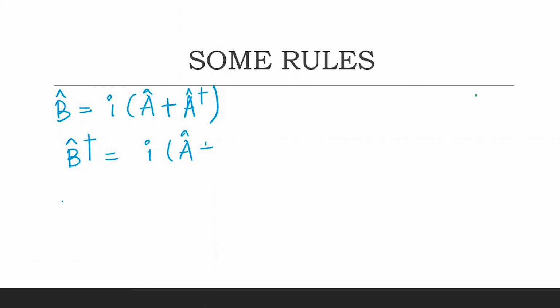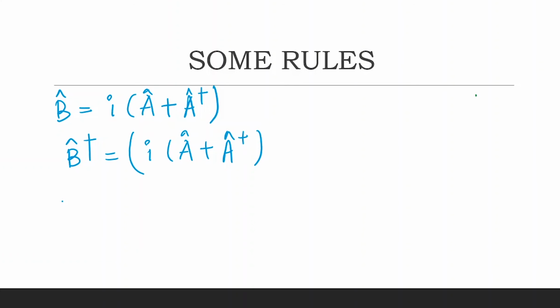So let's see another example. If we have an operator B equal to iota times A plus A cap adjoint, we have to again take the adjoint, taking the adjoint of iota, then we have to just open the bracket.